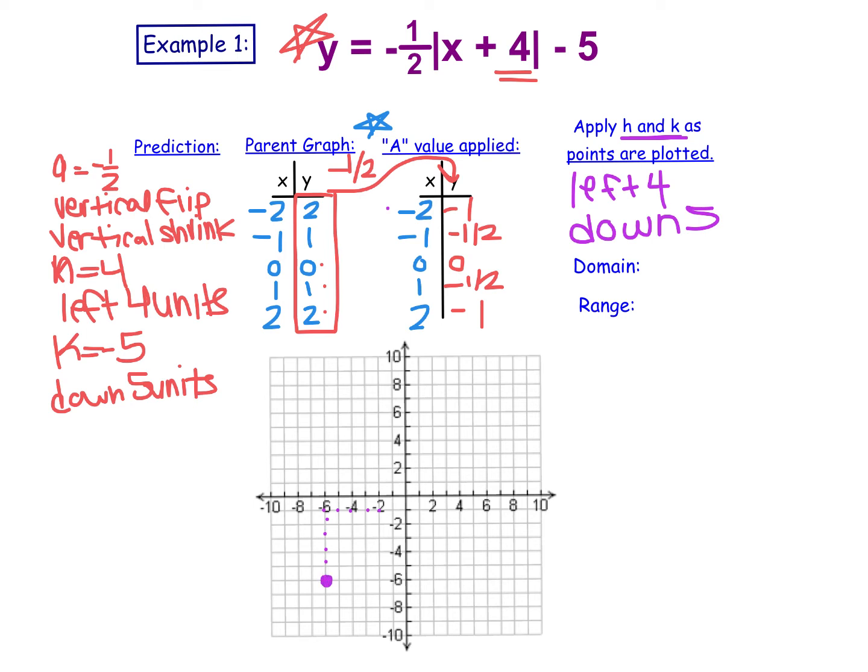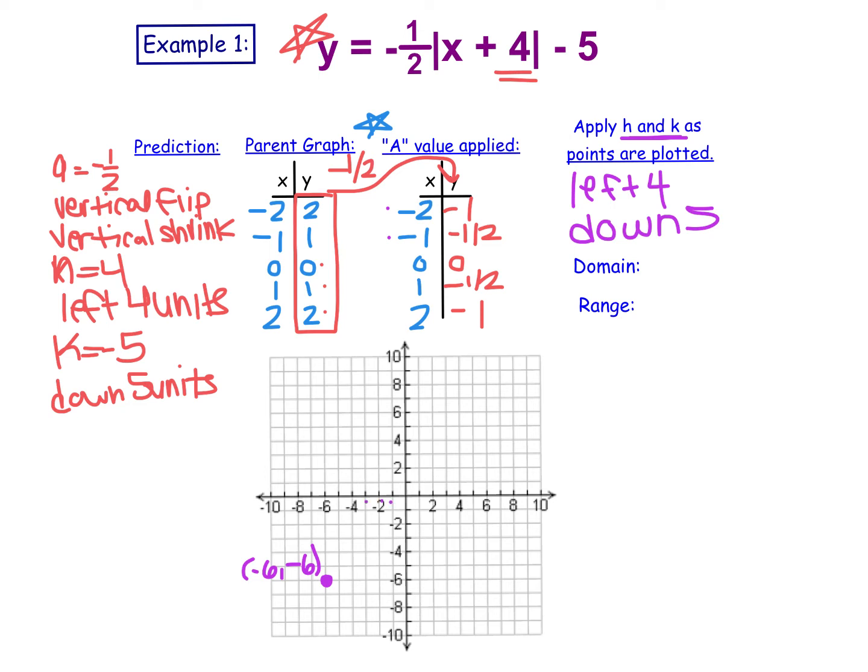So I can see that that first point is occurring at x equals negative 6, y equals negative 6.